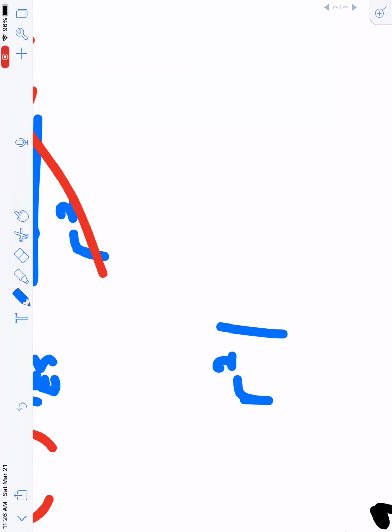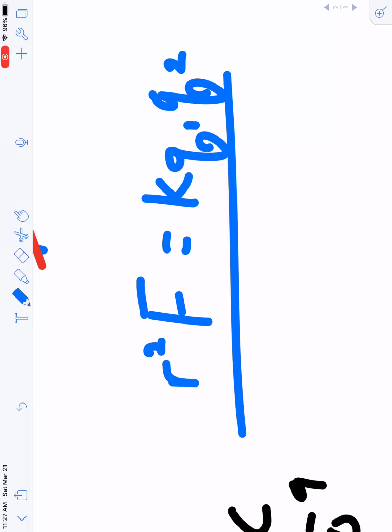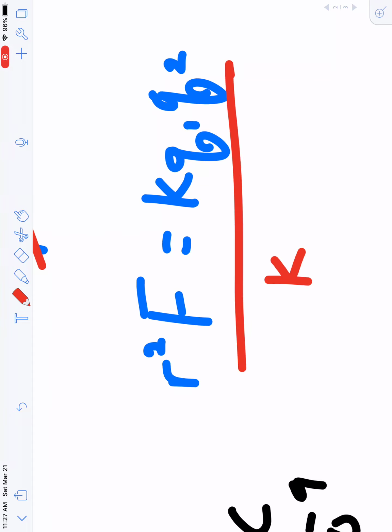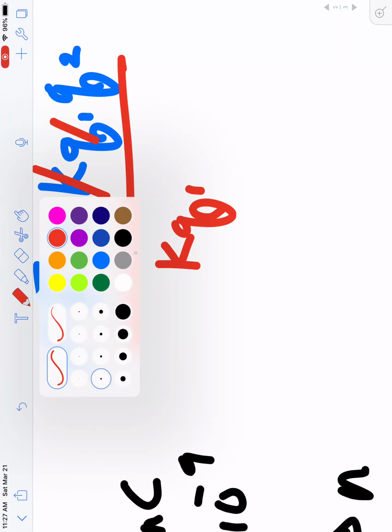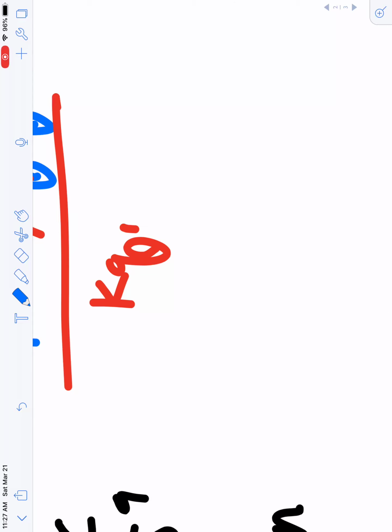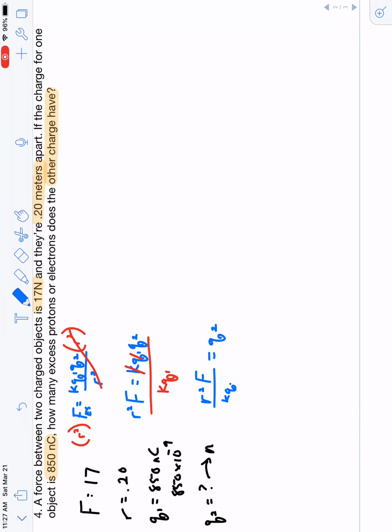We have R squared times F equals K, Q1, Q2. Divide by K, Q1. They cancel and move to the left. R squared F over K Q1 equals Q2. All right, there's the algebra.